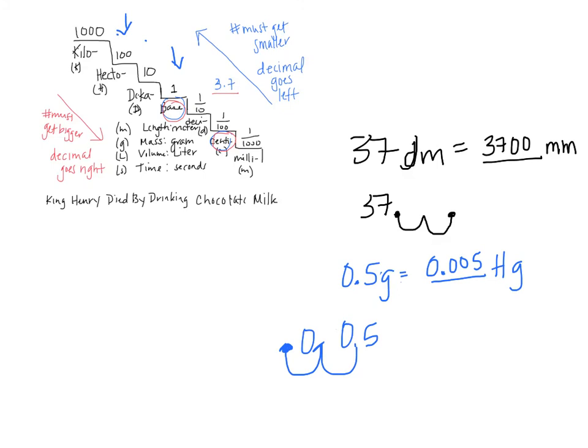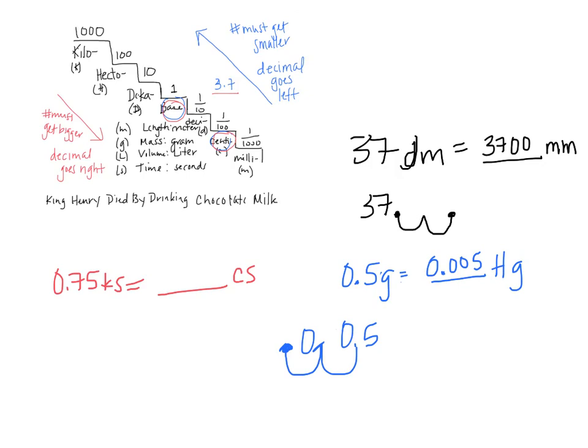Alright, let's try one more. Let's go from 0.75 ks to cs. Alright, ks should be kiloseconds, cs should be centiseconds.